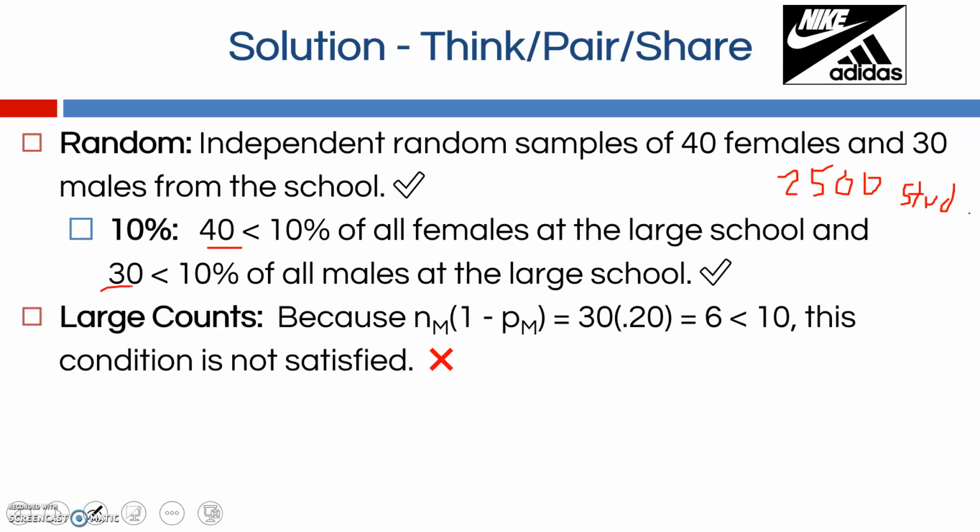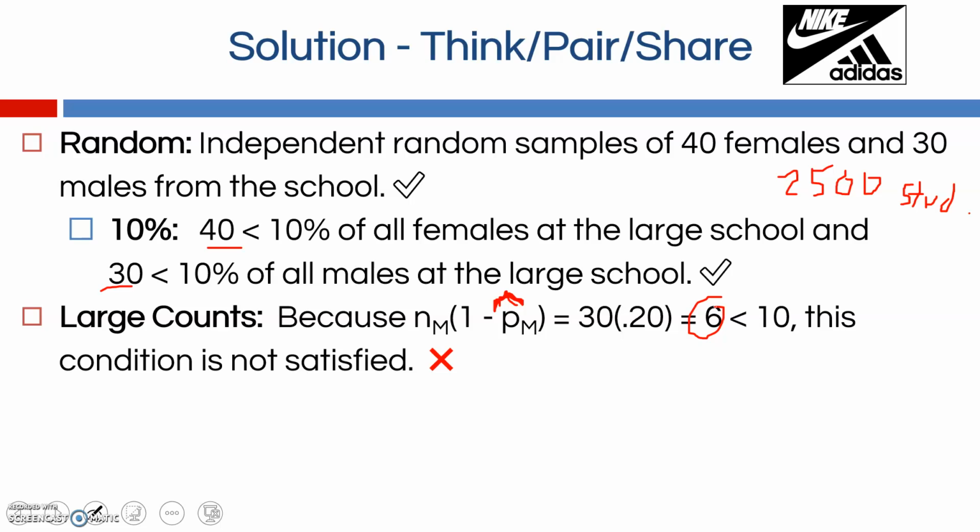Now, when we go and check the large counts, we run into an issue, however. The sample of 30 times 1 minus p hat, there should be a p hat here, apologize, 30 times 1 minus p hat sub m gives you 6, and that does not satisfy the condition.